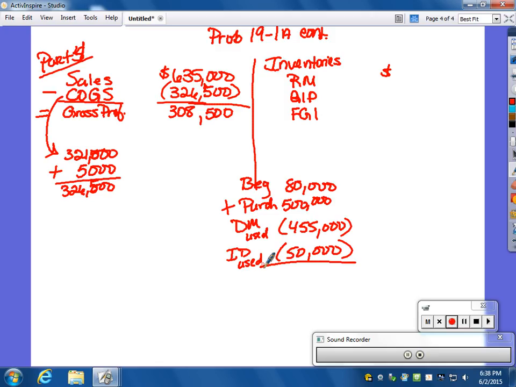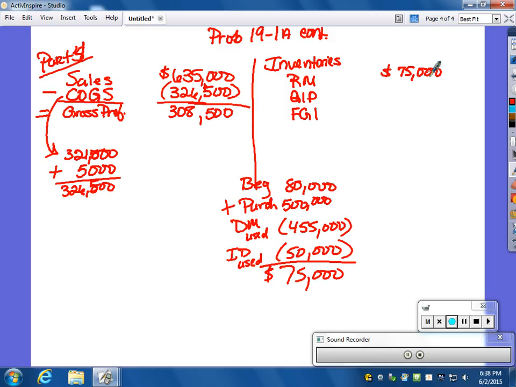Subtract 455,000. Subtract 50,000. What do you get? 75,000. So this is your raw materials inventory.